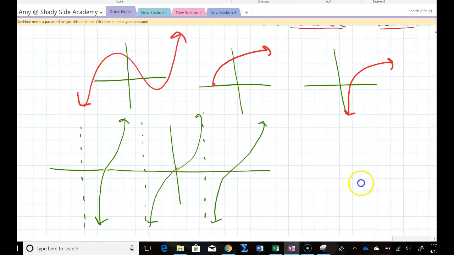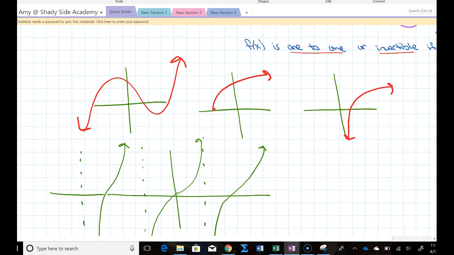So let's take a look at reflecting this curve over the line y equals x, and with reasonable accuracy we get something that looks like this, right? Okay. Now look at these two cases here.